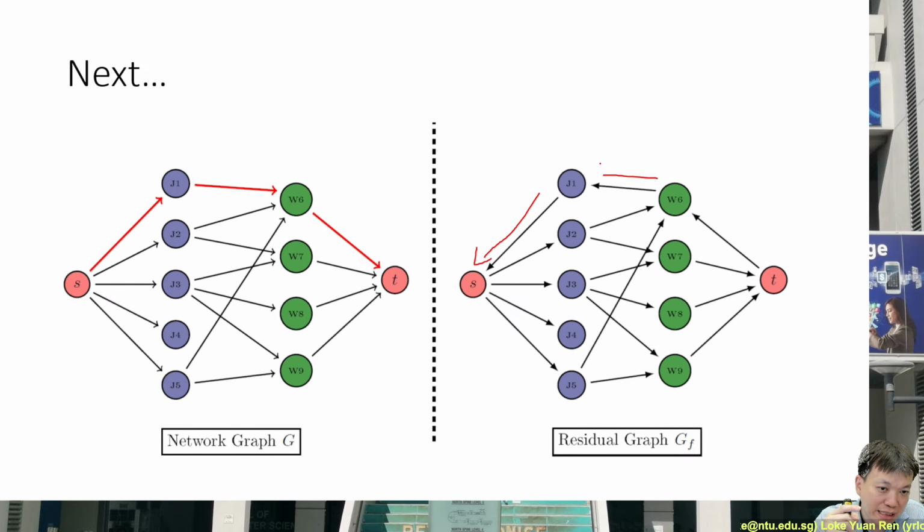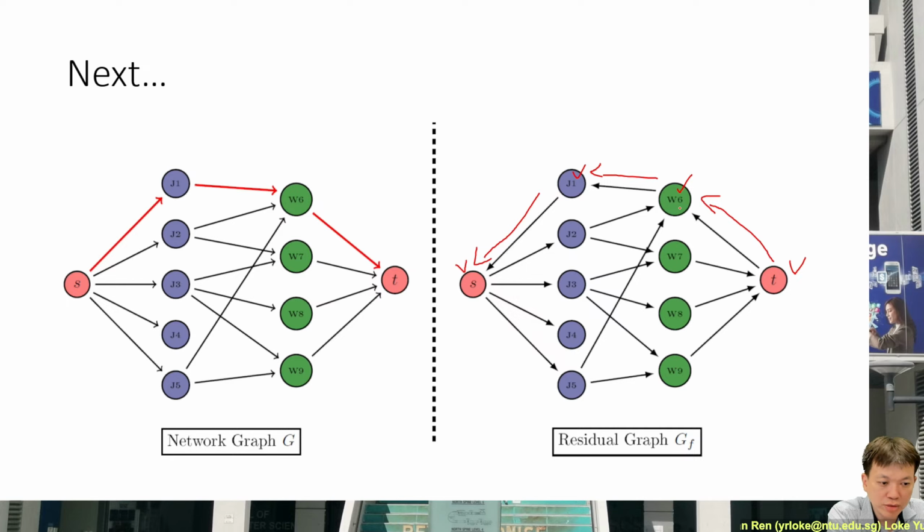Definitely this particular path won't be searched, because you need to travel from S to T, and this is totally in the opposite direction already. So it prevents you from selecting this path. You already found one match, which is J1 matched with W6. So this is the role of the residue graph.